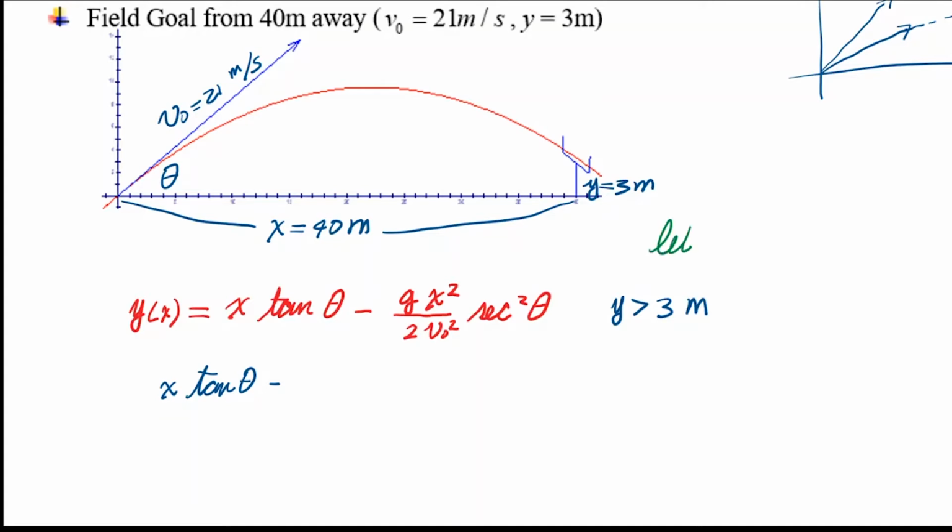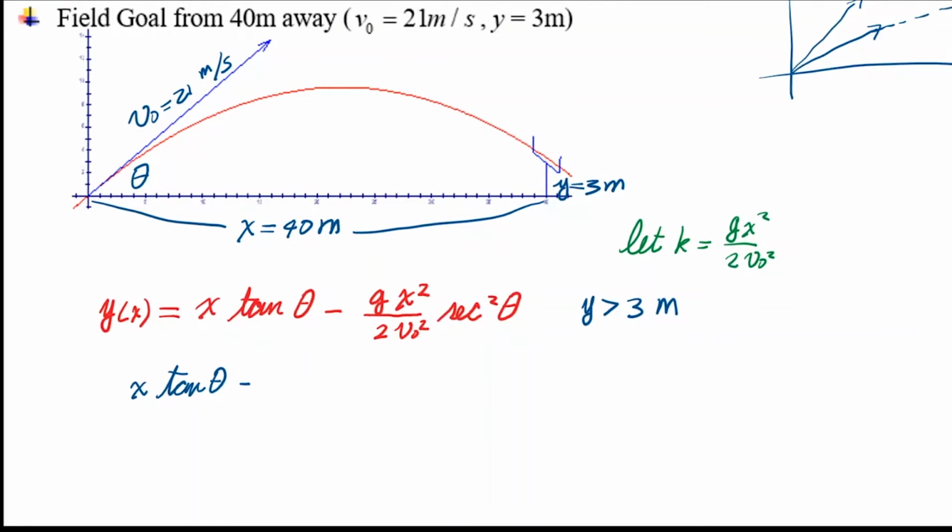We're going to let k equal g x squared over 2 v naught squared, where g is 9.8, x is 40, and v naught is 21 meters per second. Somebody punch that and tell me the numerical answer, and store it into k while you're at it.